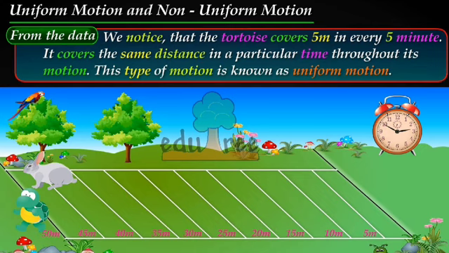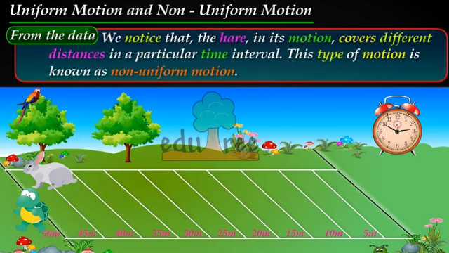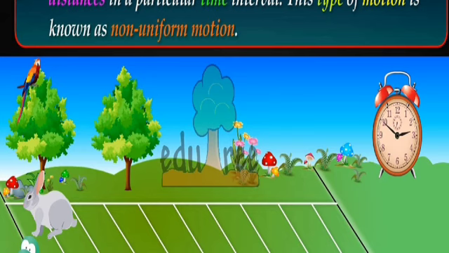This type of motion is known as uniform motion. We notice that the hare in its motion covers different distances in a particular time interval. This type of motion is known as non-uniform motion.